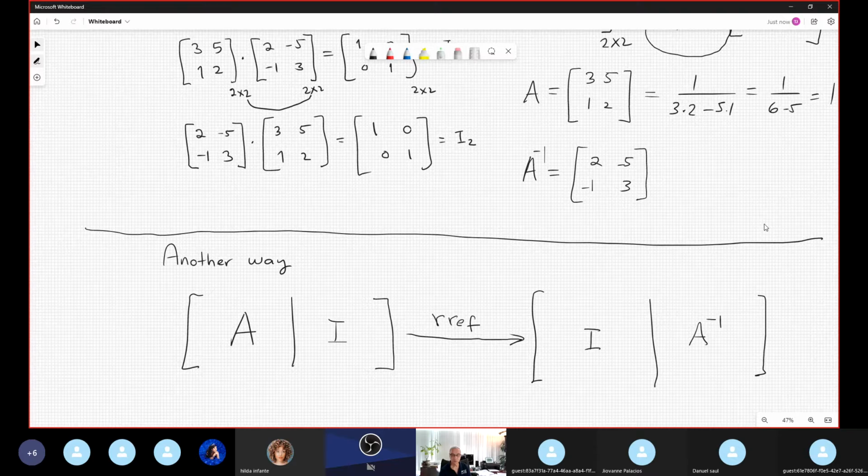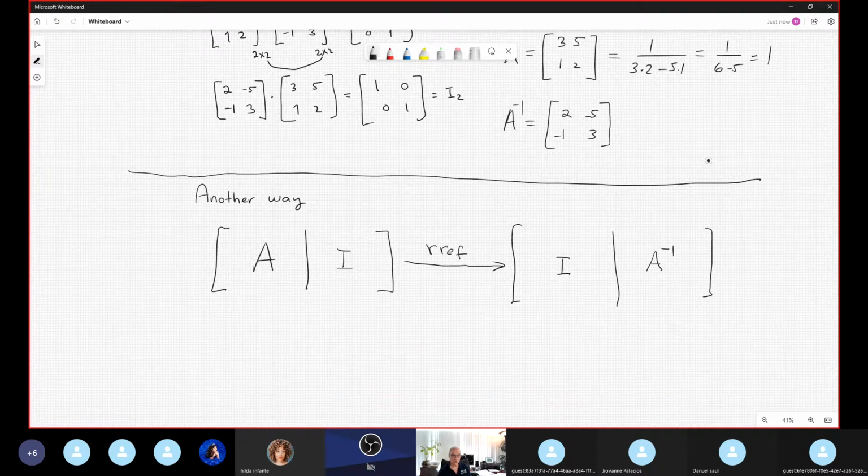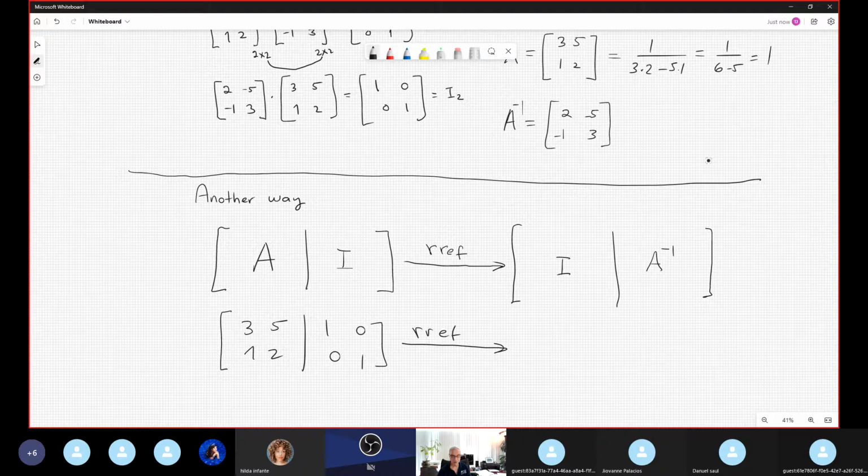In conclusion, suppose we are doing this now in the software. Suppose I put 3, 5, 1 and 2, and you put the identity matrix 1, 1, 0, 0.